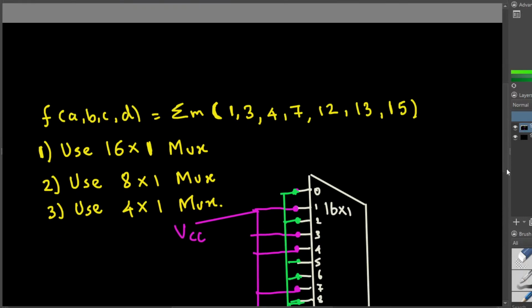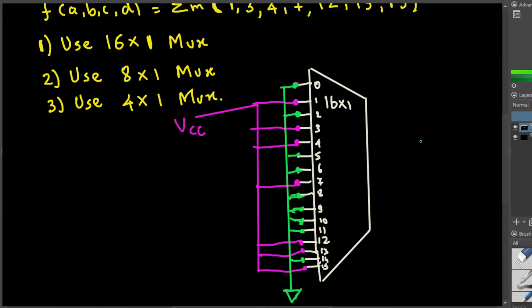We are also going to have the output, which is f of A, B, C, D. And don't forget the control signals, which are basically the given variables A, B, C, and D. So that's it for the 16 by 1 mux.